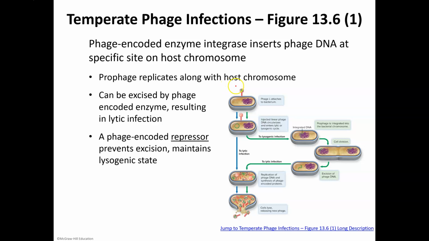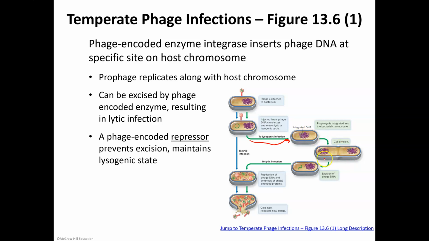You still have that phage binding and the phage releasing its DNA inside, but now this is a lysogenic phage, so it's going to incorporate its DNA into the DNA of the host.